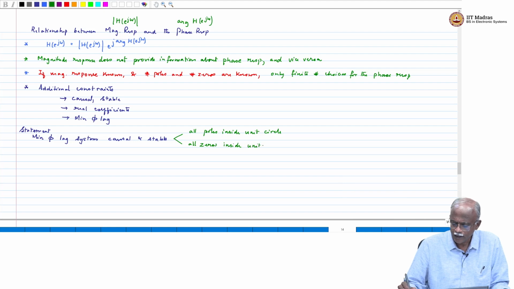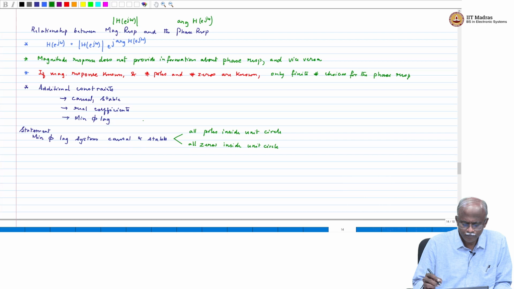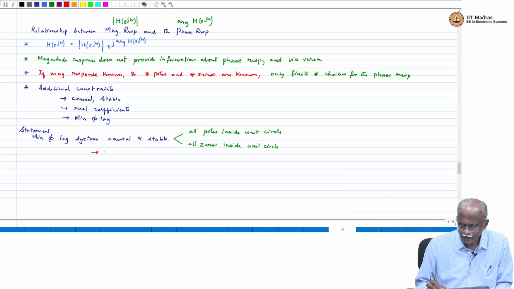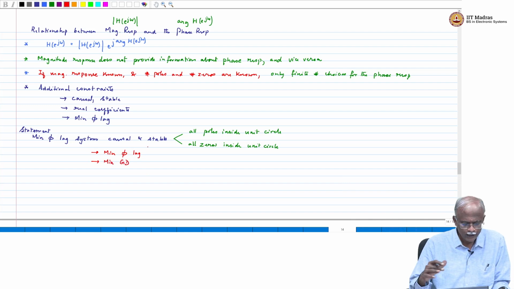Now, a minimum phase lag system which is causal and stable satisfies the following conditions. It of course has minimum phase lag. It has minimum group delay. We showed that using the property of an all-pass function.